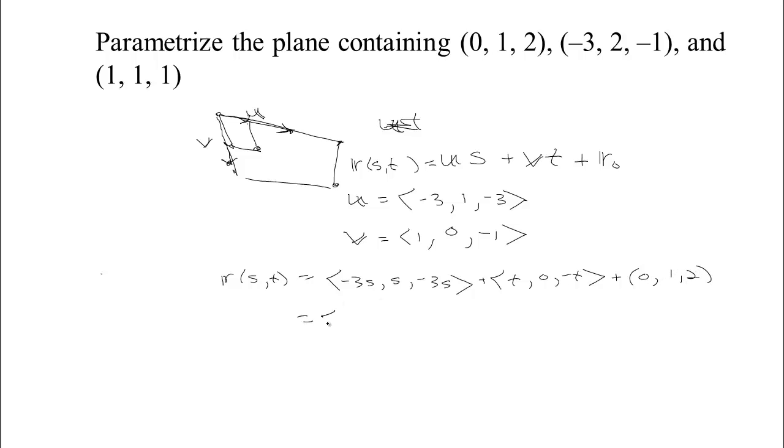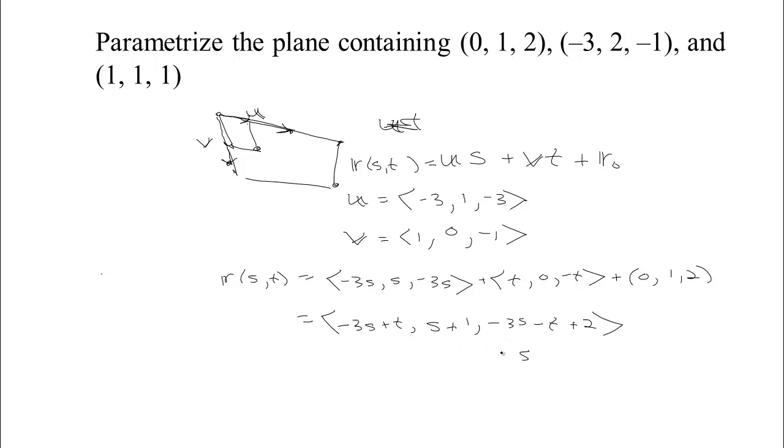Put that all together, and I'll get a vector equation that has 3 entries: -3s plus t plus 0, and s plus 0 plus 1, so s plus 1, and -3s minus t plus 2. There's our parametrization of the plane.